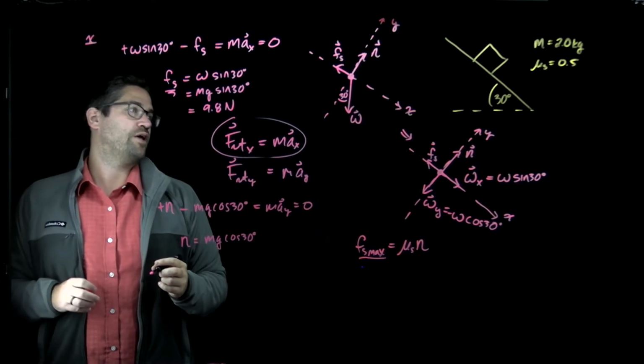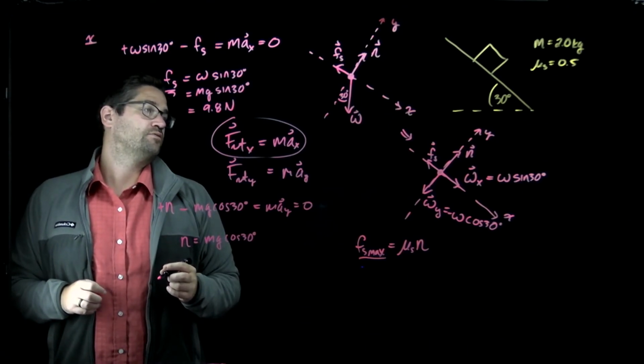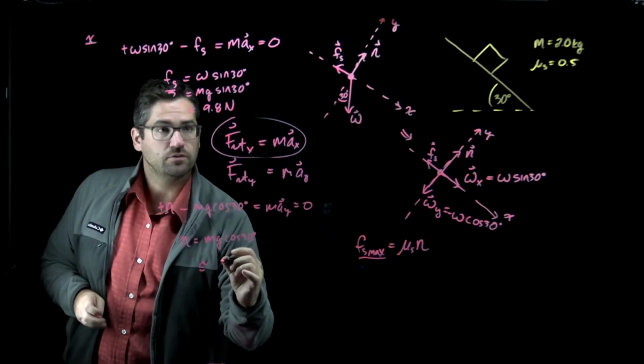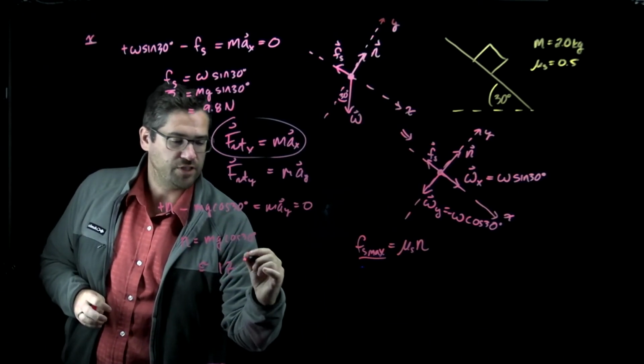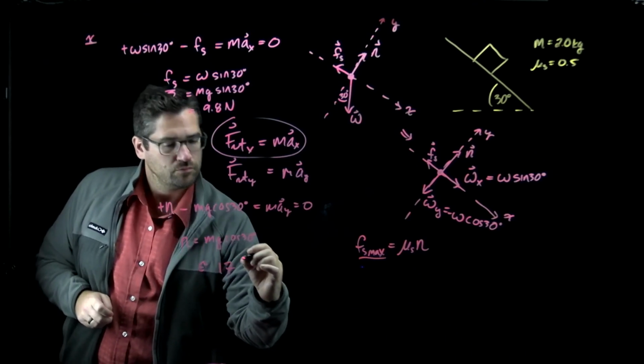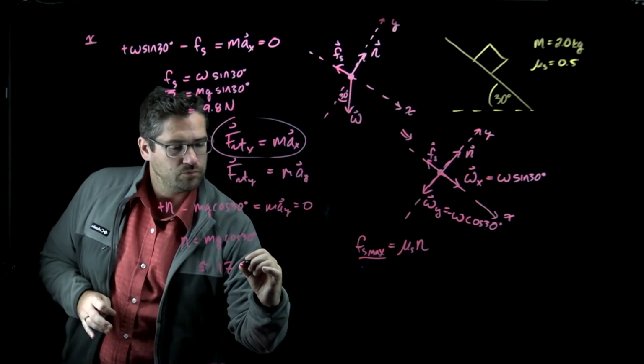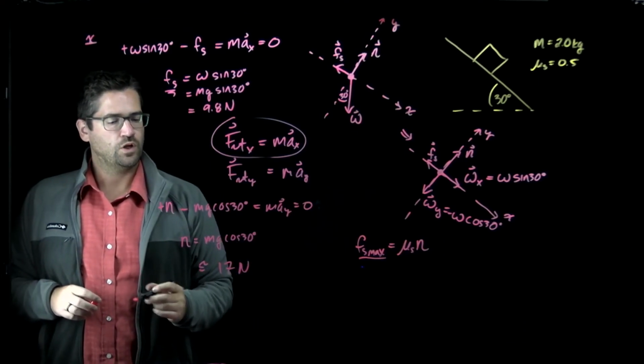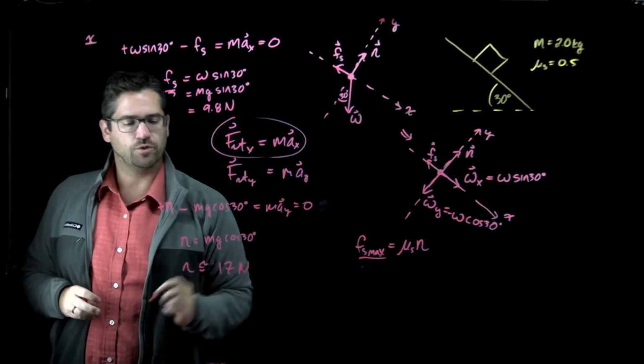So let's see if we can do that in our heads. I think it's about 17 or so, maybe 18 newtons. So this is what my normal force is equal to.